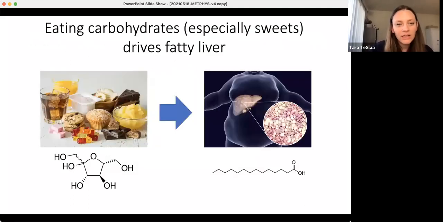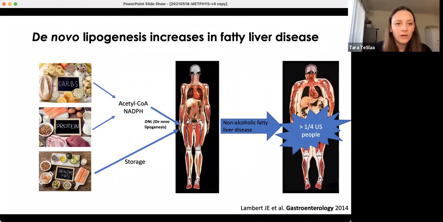And so eating excessive carbohydrates or sweets really can drive the accumulation of fat in the liver, and excess carbohydrates that we intake in the form of carbs and protein can be converted into fat through the process of de novo lipogenesis.